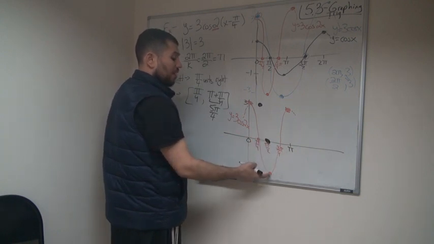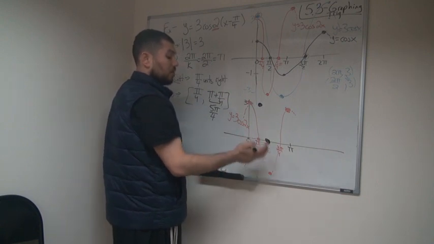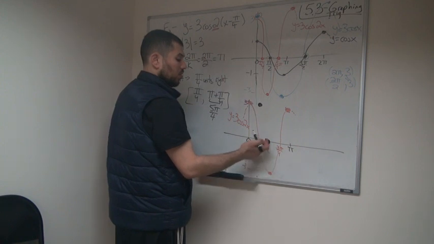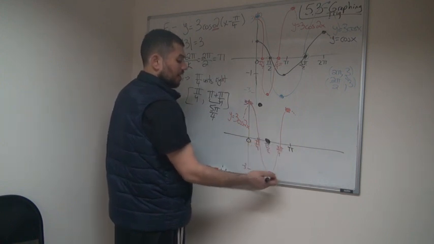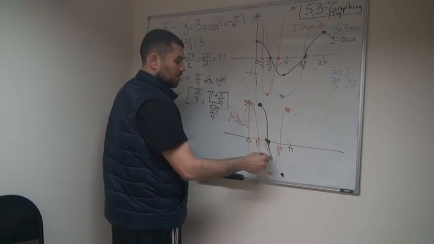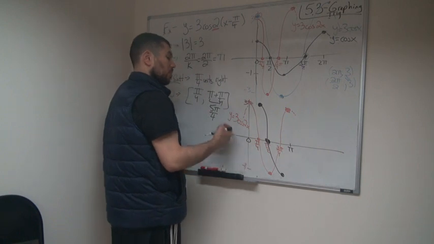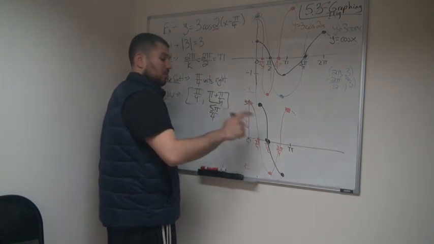Now I have pi over 2, negative 3. I'm going to add a quarter pi to a half a pi, and I get 3/4 of a pi. So at 3/4 of a pi, this output value is replicated at negative 3. So I get the down cycle here. 3 pi over 4, 3/4 of a pi plus a quarter of a pi, which is the phase shift value, is a whole pi.